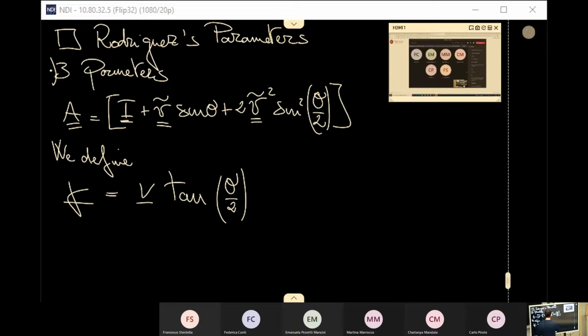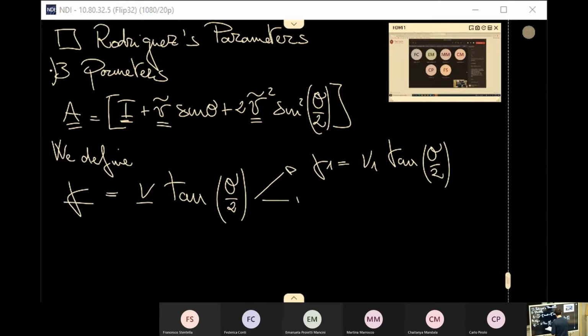So the components of this gamma vector are the 3 Rodriguez parameters. The first Rodriguez parameter is called gamma 1, and is nothing less than v1 times the tangent of theta divided by 2. And in a very simple way, the others follow.